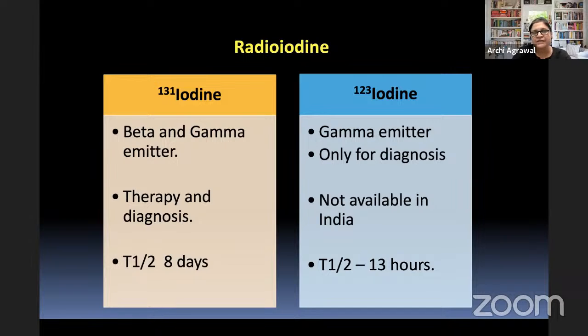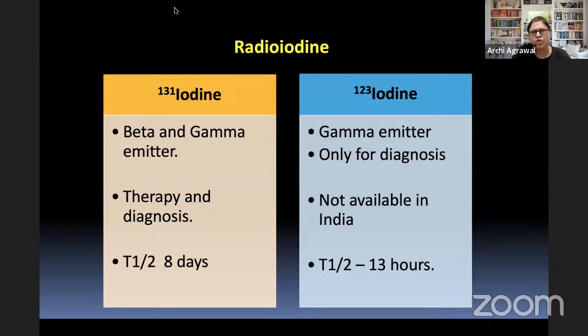I-131 has both beta and gamma emission, so it can be used both for therapy and for diagnosis. And this is what we are using in India. So both for therapy as well as for diagnosis, I-131 iodine is used throughout India.